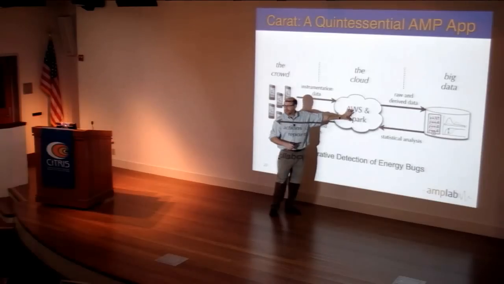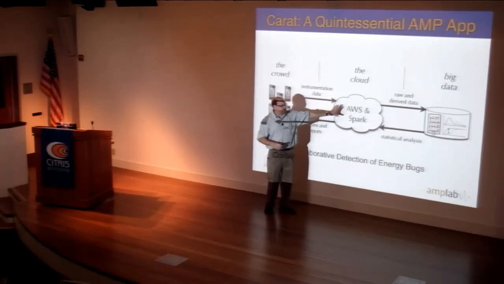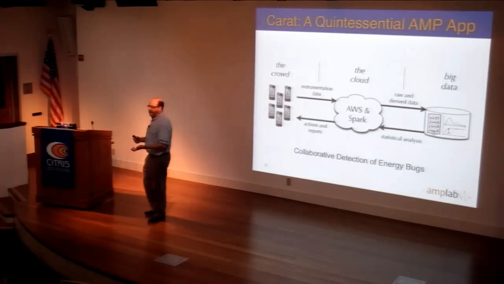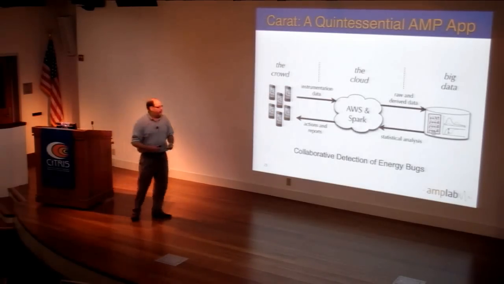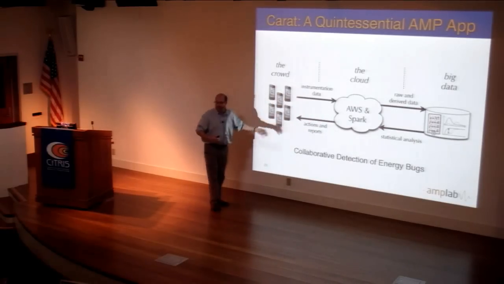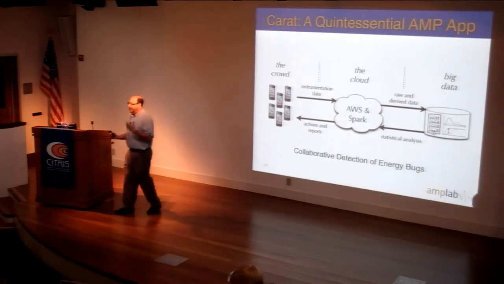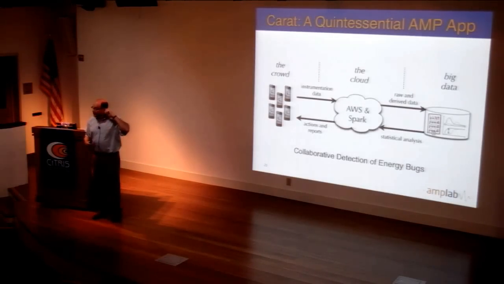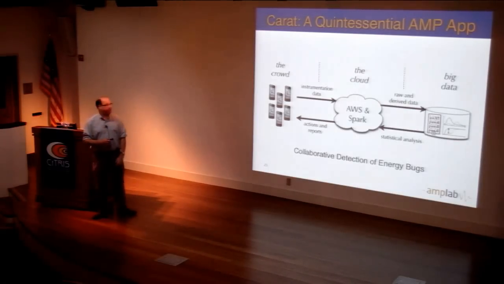It uses Spark, running currently on Amazon. Builds models of normal behavior and abnormal behavior, and then uses that to return back to individuals recommendations on what they should do to extend their battery life. And as I mentioned in the previous slide, we've already had over 300,000 downloads for that, for an application that came out of the lab.